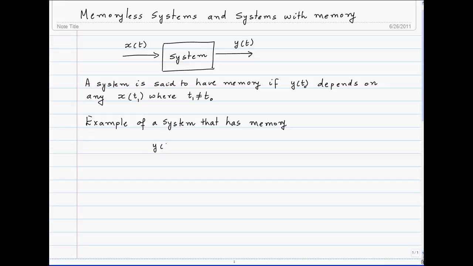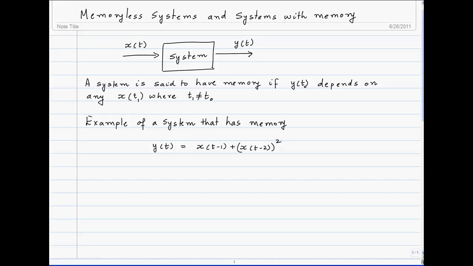Suppose I have a system defined by y of t is equal to, I'll start with the easy one, x of t minus 1 plus x of t minus 2. Let's say we put a square on this, it doesn't matter.